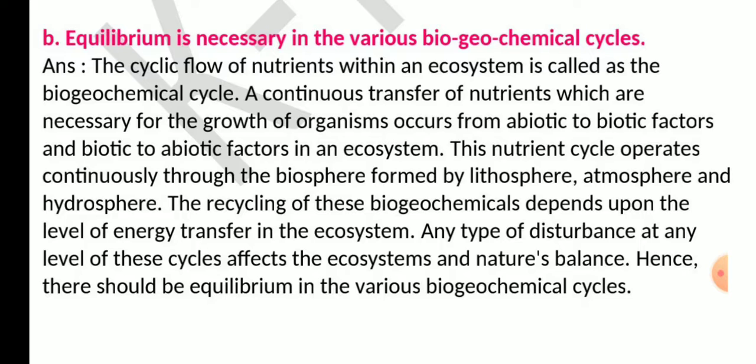The recycling of these biogeochemicals depends upon the level of energy transfer in the ecosystem. Any type of disturbance at any level of these cycles affects the ecosystem and nature's balance. Hence, there should be equilibrium in the various biogeochemical cycles. Okay?